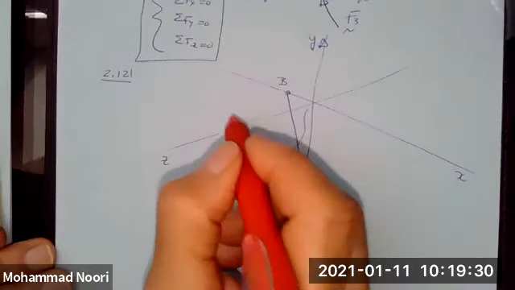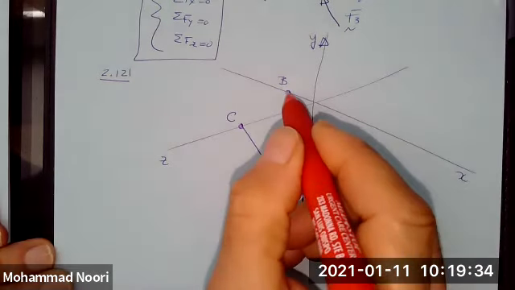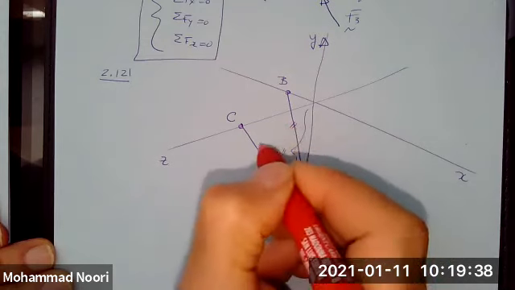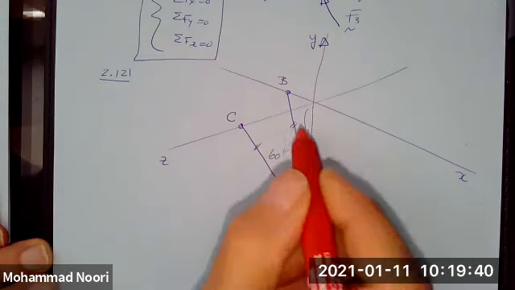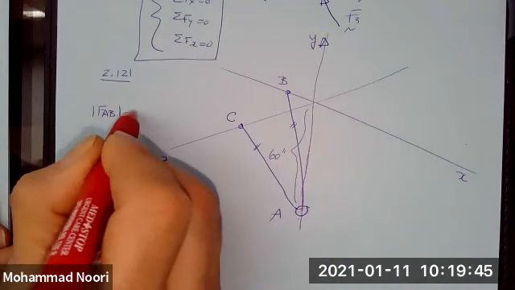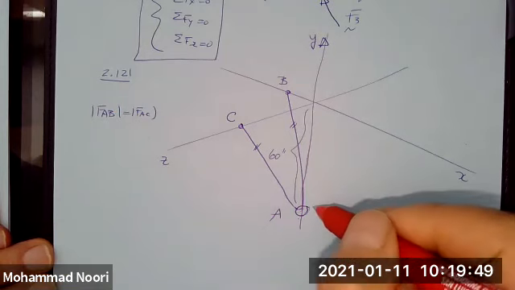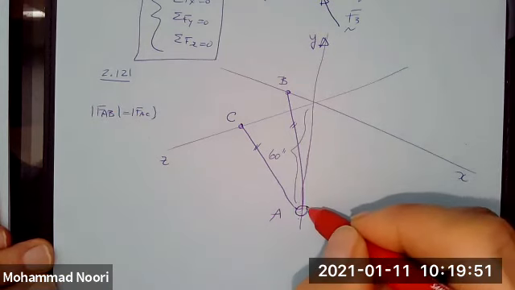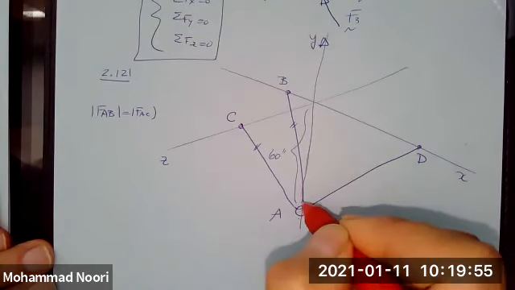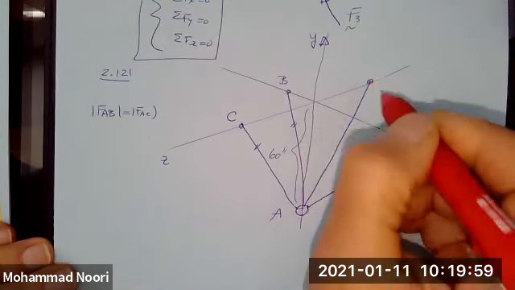Okay, so as the problem states, since this cable goes through the ring, forces in these 2 cables would be the same. In other words, force of AB is equal to the force of AC. But we tie 2 cables also to this ring and connect them to these 2 points, D and E.